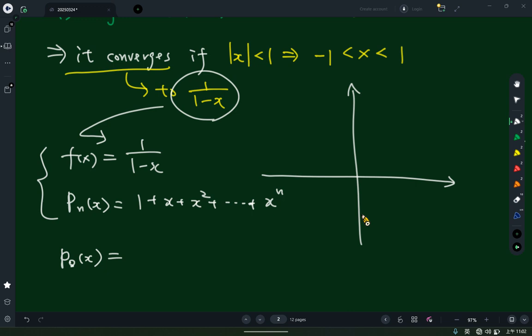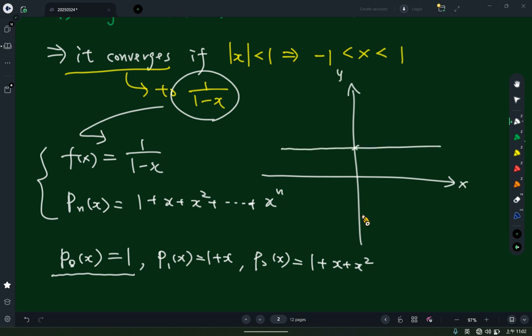So let's look at these several functions. P0 of x is 1. P1 of x is 1 plus x. Then P2 of x is 1 plus x plus x squared. So you can try to draw it on the x-y axes. This is 1, so this is P0 of x.